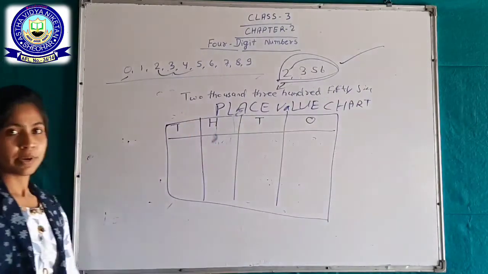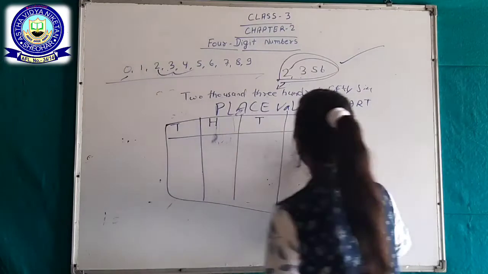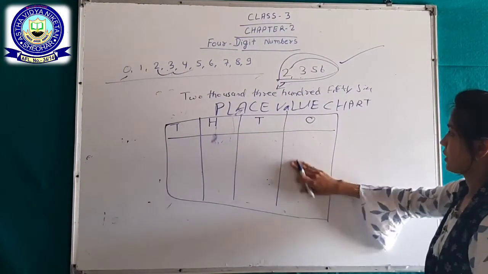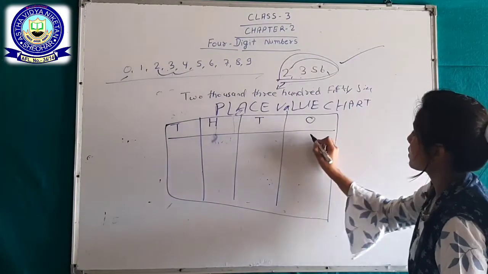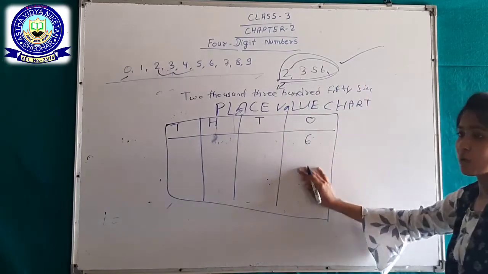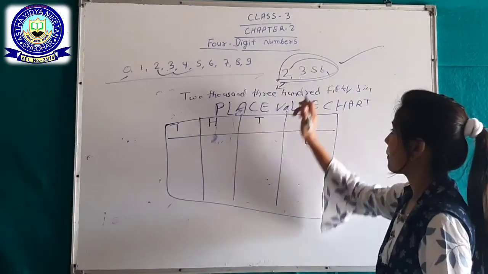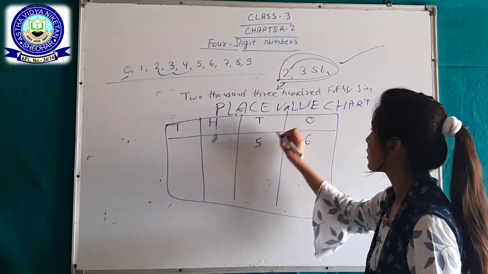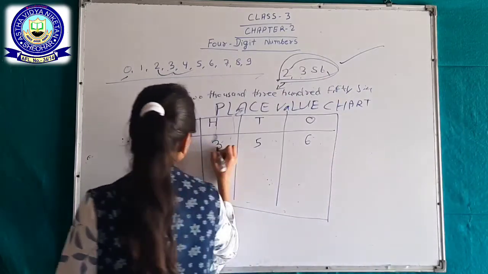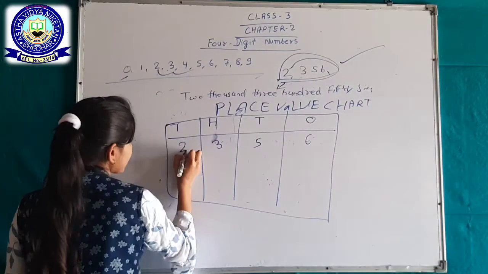It is our place value chart. We write 6 for ones, 5 for tens, 3 for hundreds and 2 for thousands.